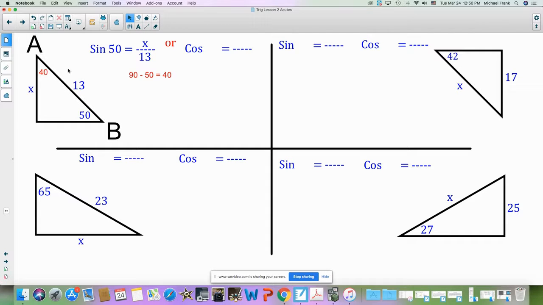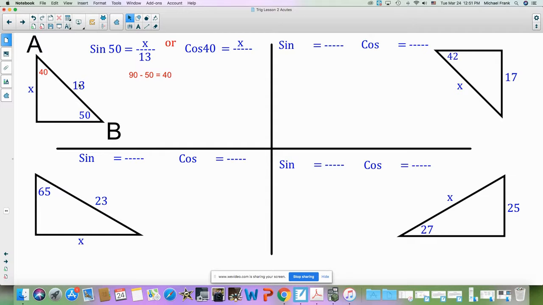Now if we use A as our reference angle, we could plug in 40 degrees here. Cosine is our adjacent over our hypotenuse, and that would give us x over 13.